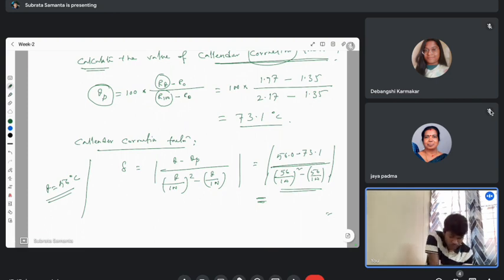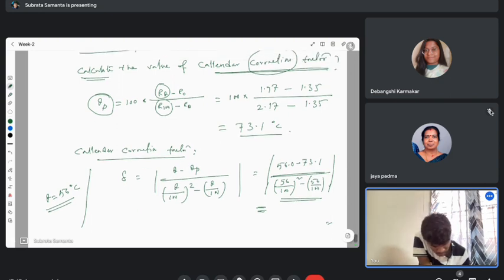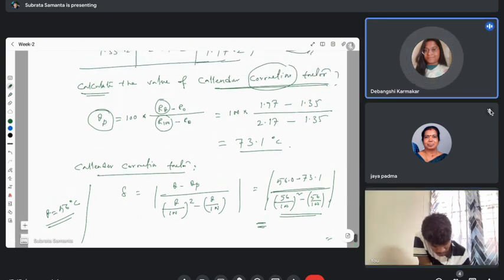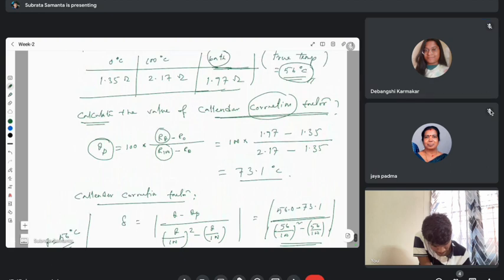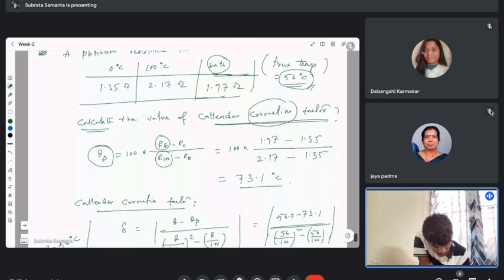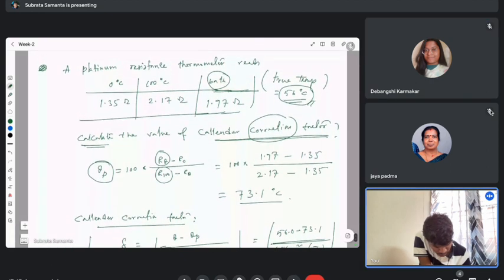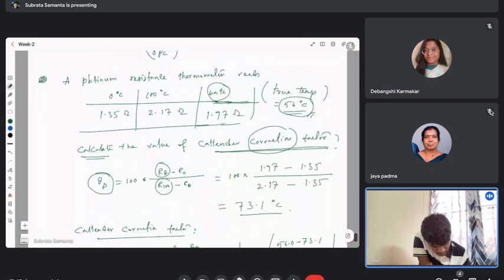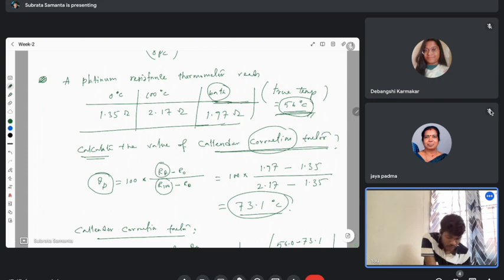So now we are considering theta p as 73 and considering the true temperature is 56.